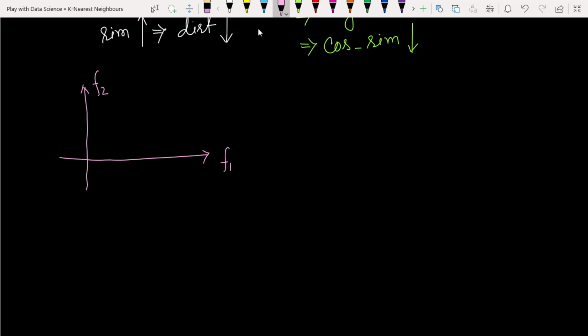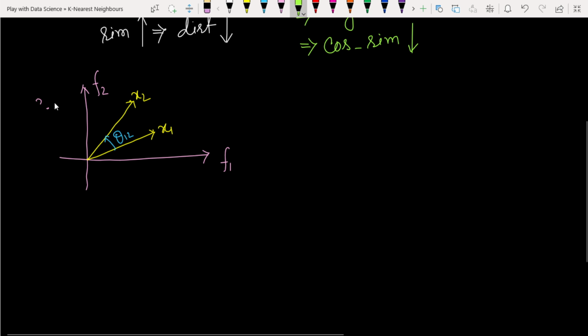We have the x1 vector and the x2 vector here, and the angle between x1 and x2 is theta 1 2. Suppose another vector x3 is in this direction, and the angle between x1 and x3 is theta 1 3.